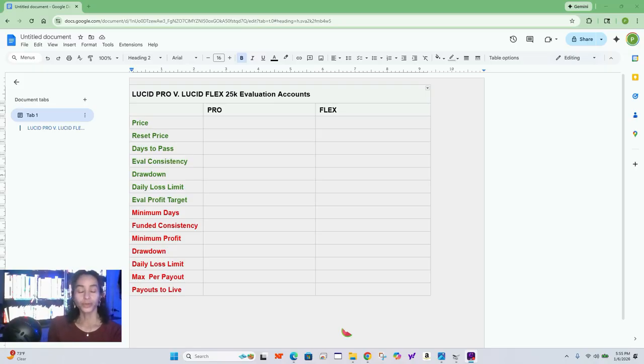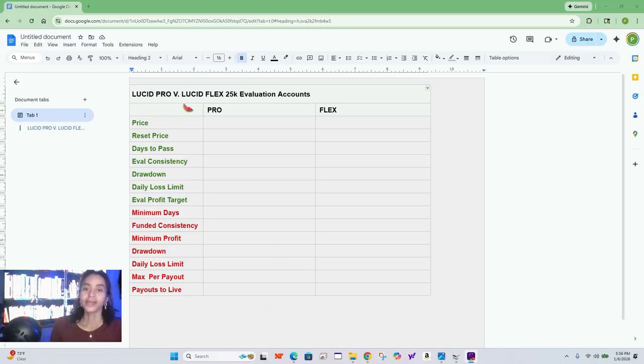So if you're a small trader as well, a scalper, if you trade with the mini, maybe with one mini or with micros, and you use the 25K account, then these numbers will make sense to you. Otherwise, you can look on the website and see what the prices and the exact numbers are, but the other basic information will be the same. So let's just get into the video.